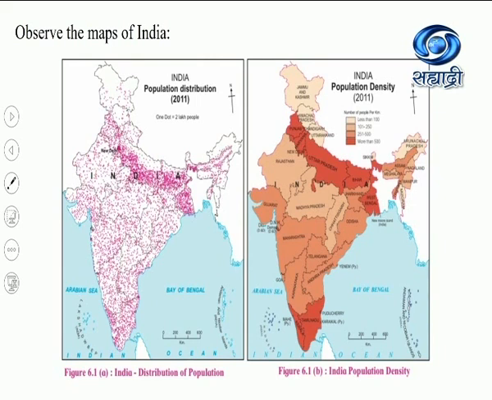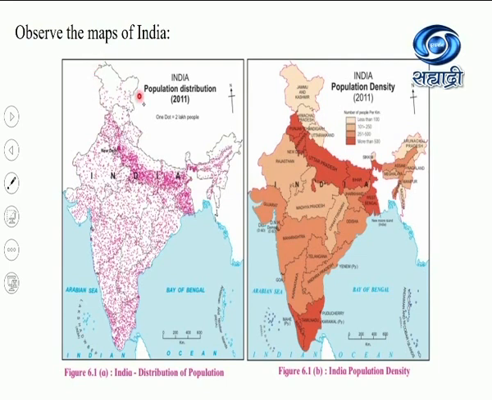Now in both these maps, you can see that in this particular northern Ganga plain region, the plain region, the population and population density is very, very high. In the central India also, it is moderate. In this region also, you will see population density is moderate.